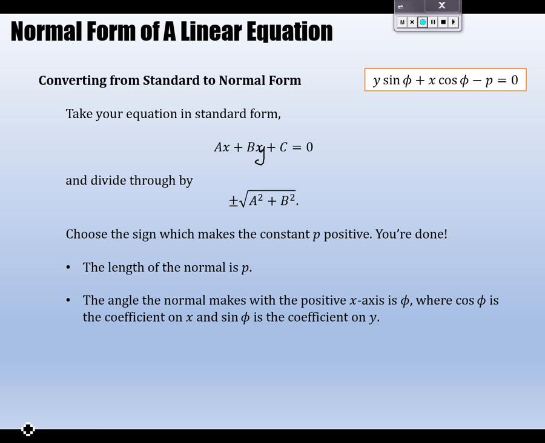We've already been through this logic, even in the warm-up today. Phi will be the angle that has a cosine of whatever the x coefficient is, and a sine of whatever the y coefficient is.